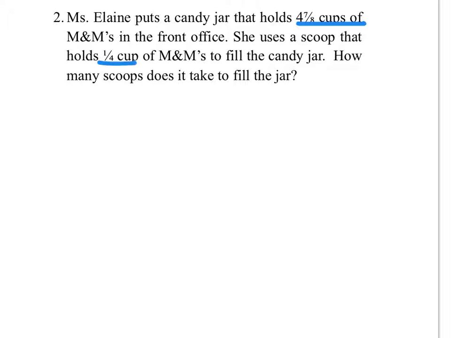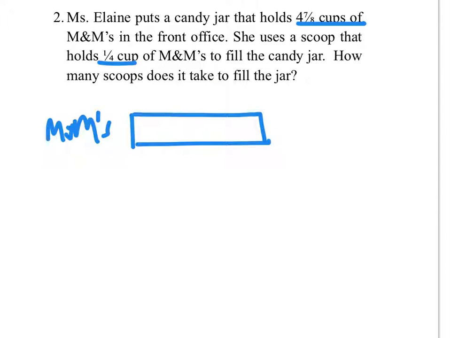So first we're going to draw it out. So we have our M&Ms, and altogether there's 4 7/8. And what we are doing is cutting them up into 1/4 cups.